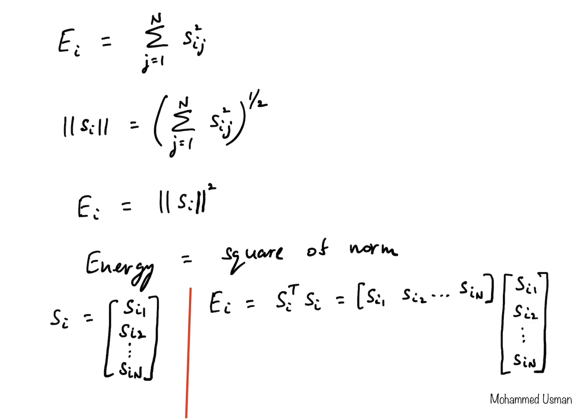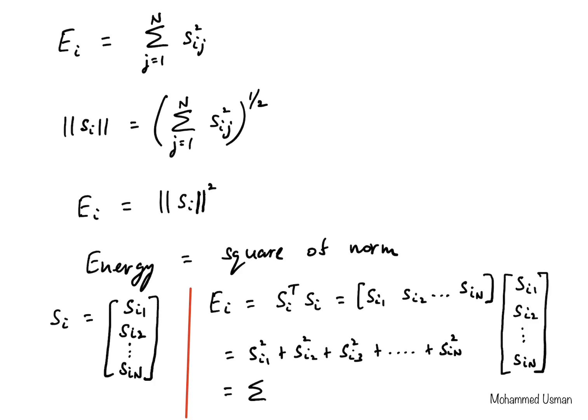When we multiply these two, it will be the first element into the first element, plus the second element into the second element, plus the third into the third, plus the fourth into the fourth, and so on up to the nth element. That will give us the energy, which is equal to Si1 square plus Si2 square plus Si3 square and so on plus Sin square.